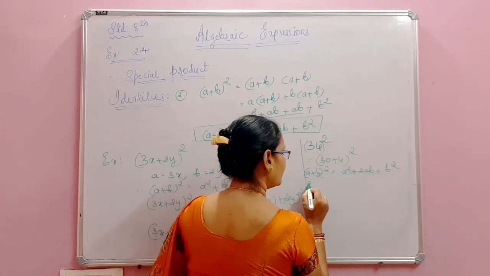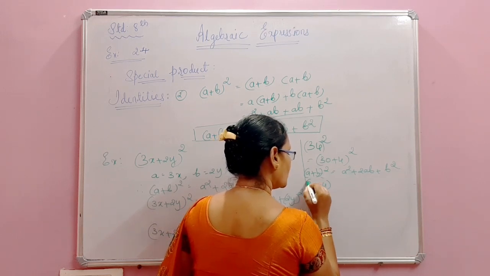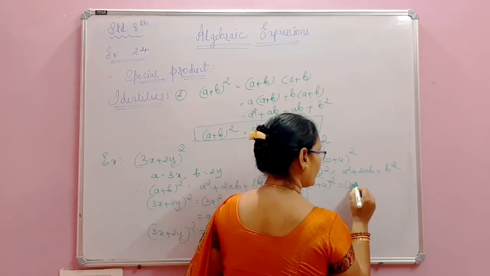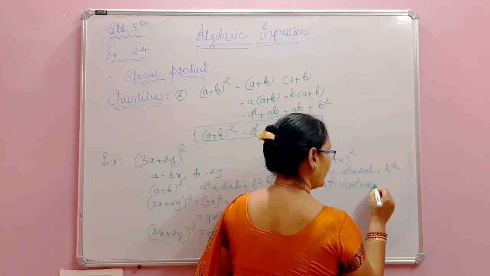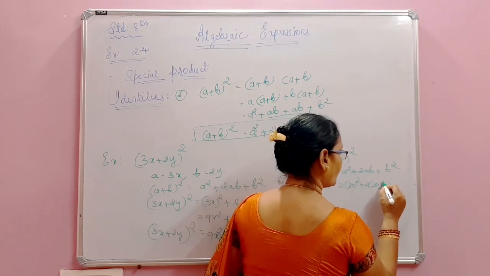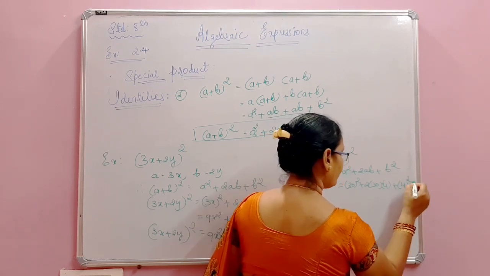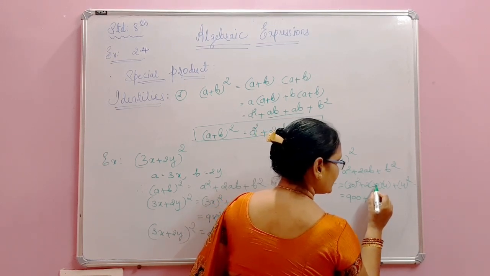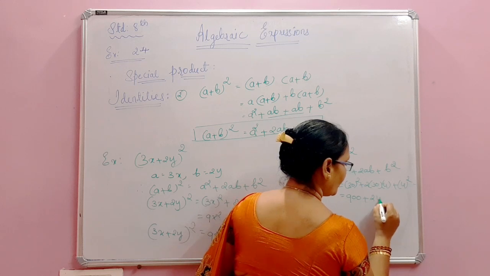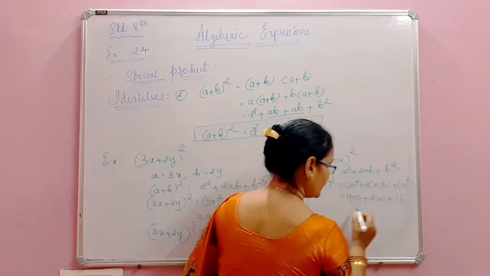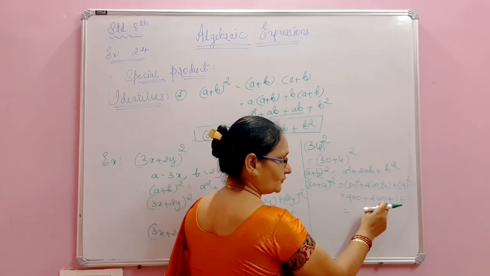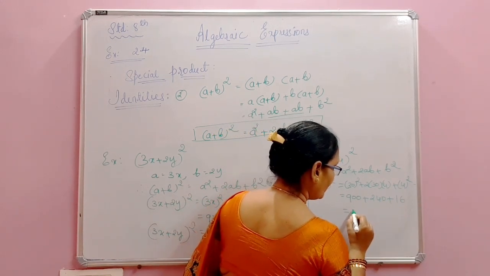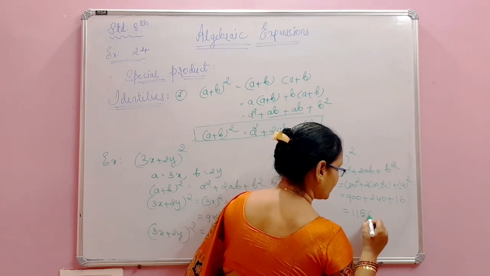Here what is a? (30 + 4)² is equal to a², 30², plus 2, a means 30, b means 4, plus 4². 30² means 900, plus 2 thirties are 60, 6 fours are 240, plus 4² means 16. 900 plus 240, 1140, plus 16, 1156.